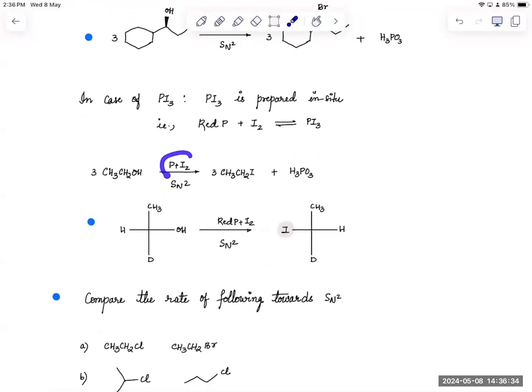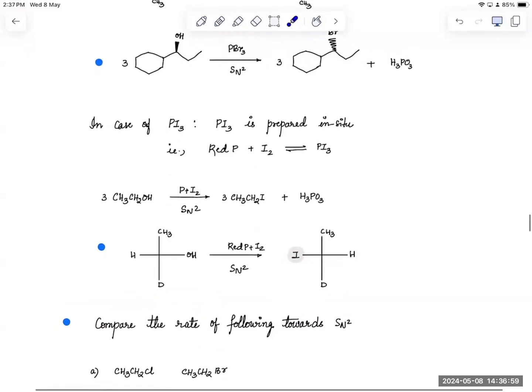You can simply write it as P plus I2, or you can write it as PI3 also. So 3 moles of this alcohol, when you treat with PI3, we will get 3 moles of alkyl iodide and H3PO3. And you can see OH is on the right hand side. Now iodide will be on the left hand side after the SN2 reaction.